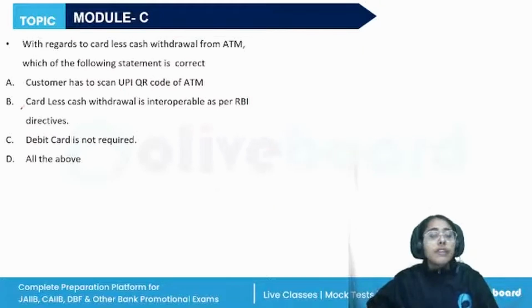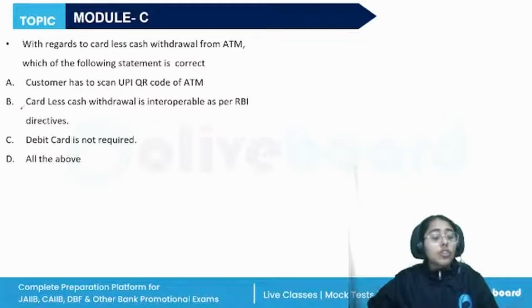Next, with regards to the cardless cash withdrawal from ATM, which of the following statements is correct for the cardless cash withdrawal? The customer has to scan UPI QR code of ATM. The cardless cash withdrawal is interoperable as per the RBI directives.